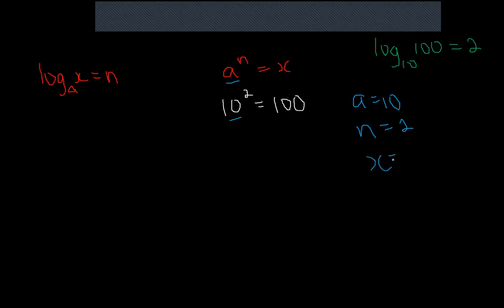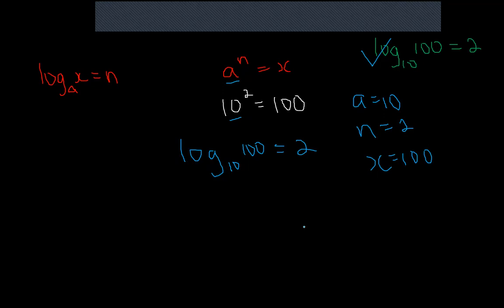So now I could rewrite this into the log form. Log form states that log of x, and x is 100, to the base, so it's 10 in this case, and this is equal to the number, n, which in this case is 2. And that is why this is correct.